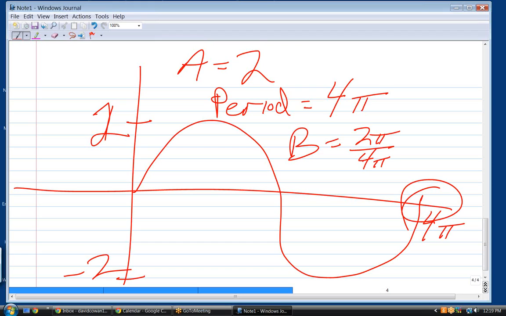So then would it be 1/2? Yeah, just 1/2, not 1/2 pi. Notice the pi's cancel. Okay, so what's the equation of this thing? Y equals 2 sine 1/2 x. That's the way you go from a graph to a function.